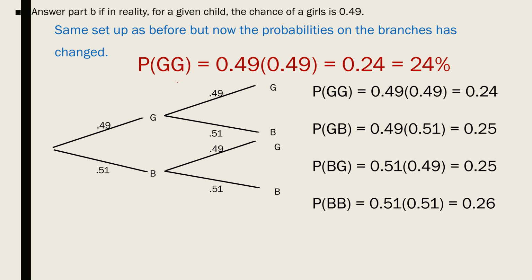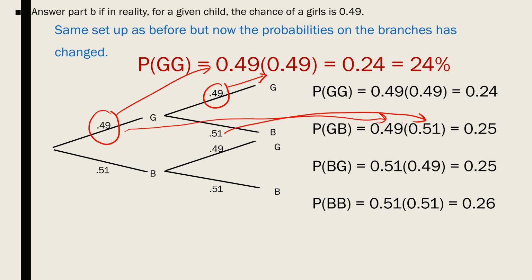The probability that both children are girls is calculated as the product of these numbers, which is 24%, and the probability of the first child being a girl and the second child being a boy is the product of these two numbers, and so on and so forth.